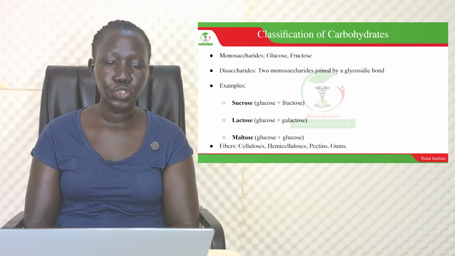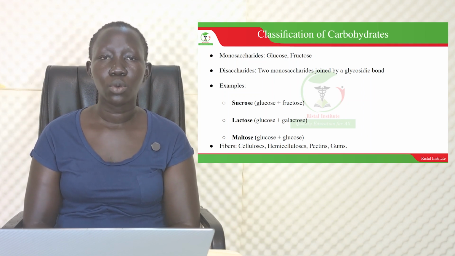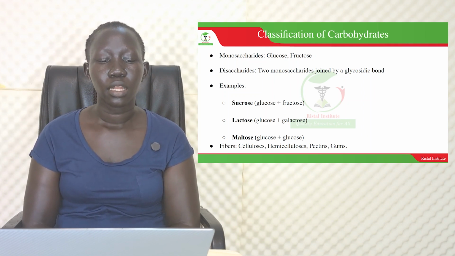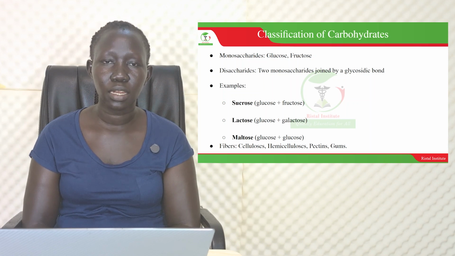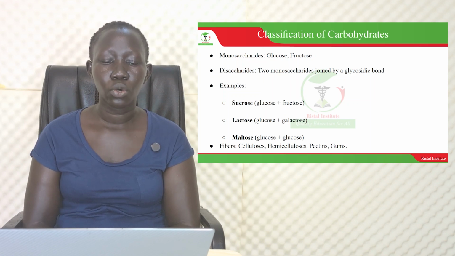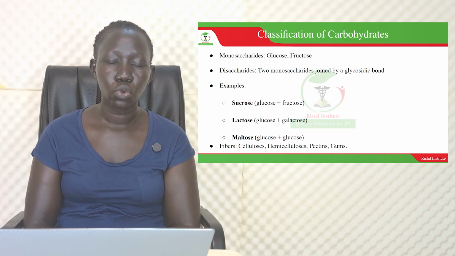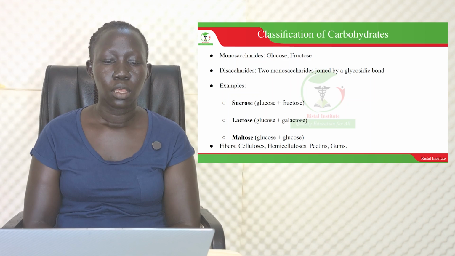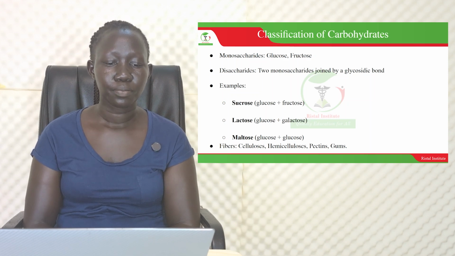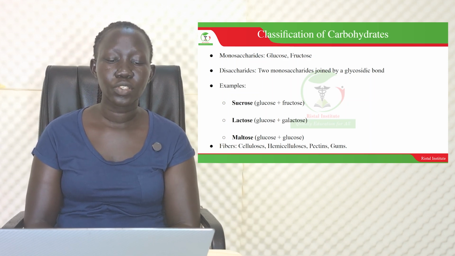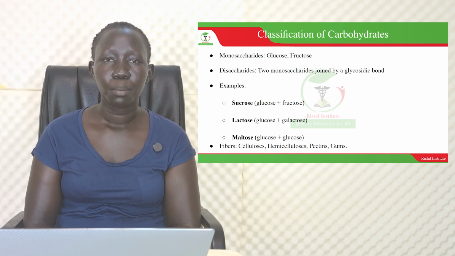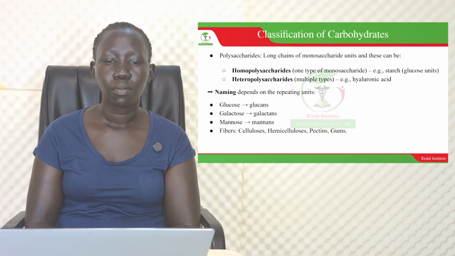Examples, we have sucrose, that is a combination of glucose plus fructose. Then lactose contains glucose and galactose, and then maltose contains glucose and glucose, 2 glucose sugars. And we also have fibers. Fibers include cellulose, hemicellulose, pectins, and gums.